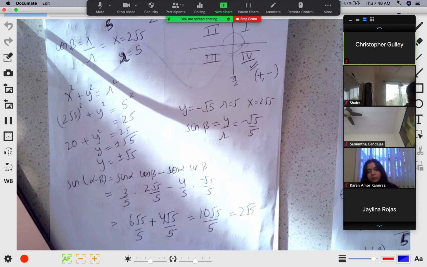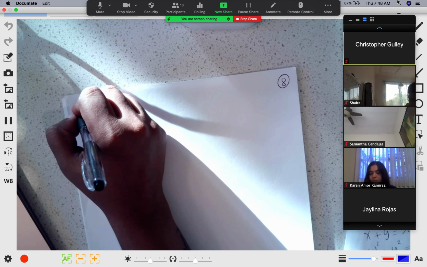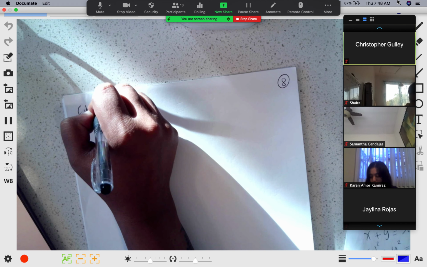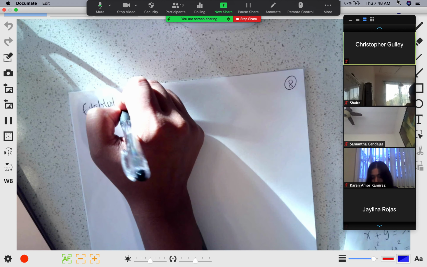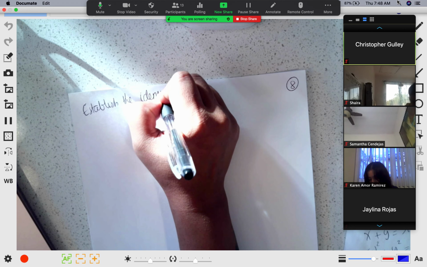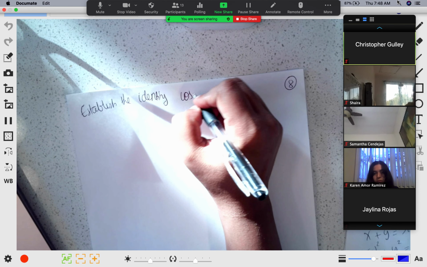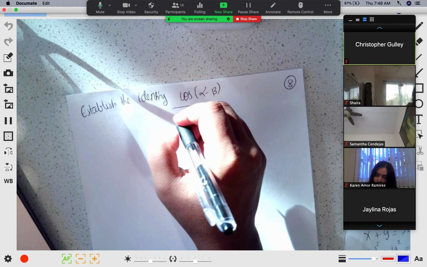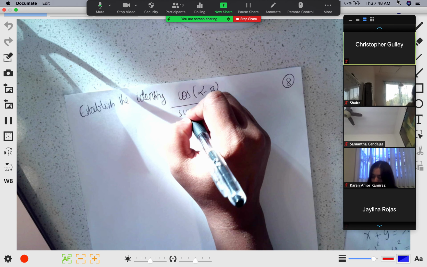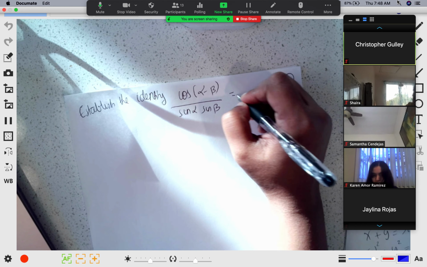Okay, let's do other kinds of problems here. It says establish the identity. You have to prove this: cosine of alpha minus beta over sine alpha sine beta is equal to cotangent alpha cotangent beta plus 1.